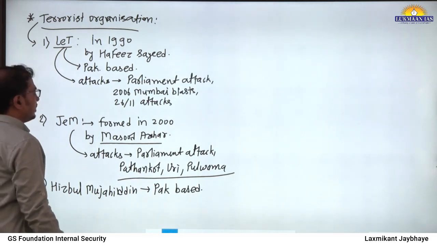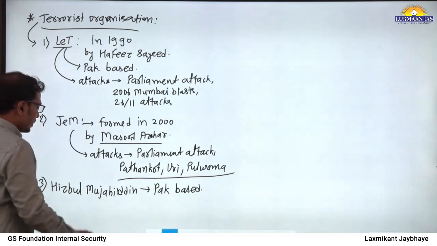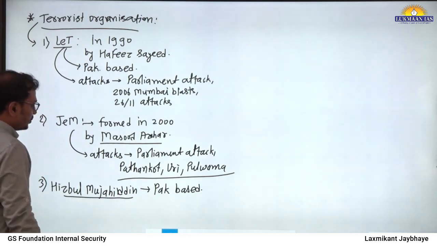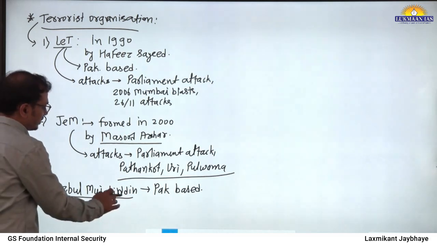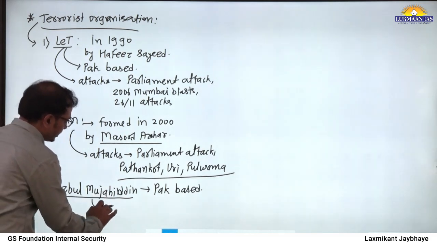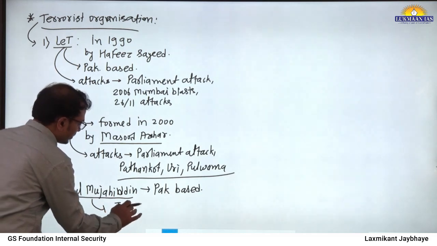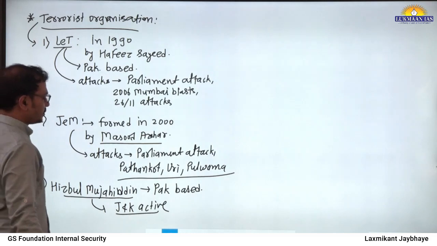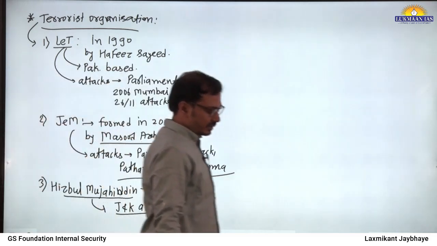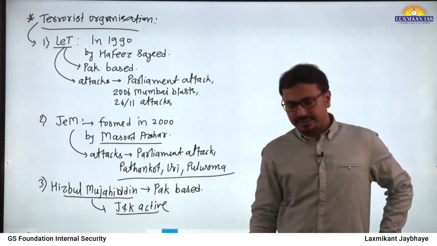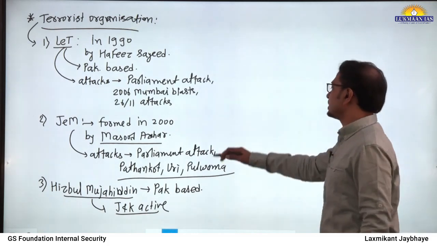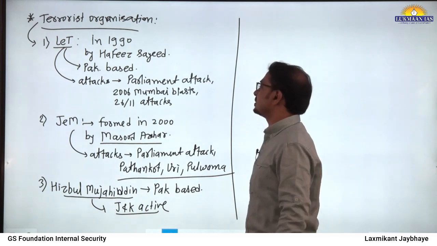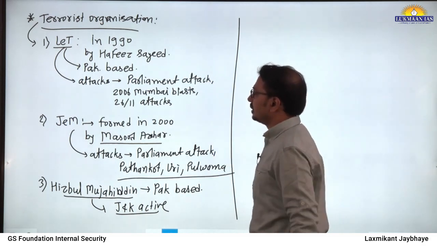Although we can say that these have some fronts in India. Hizbul Mujahideen is one of the major ones working in the Jammu and Kashmir region. And again, it is also banned. All these organizations are banned under the UAPA Act. Schedule 1 of the UAPA Act mentions which organizations are banned.